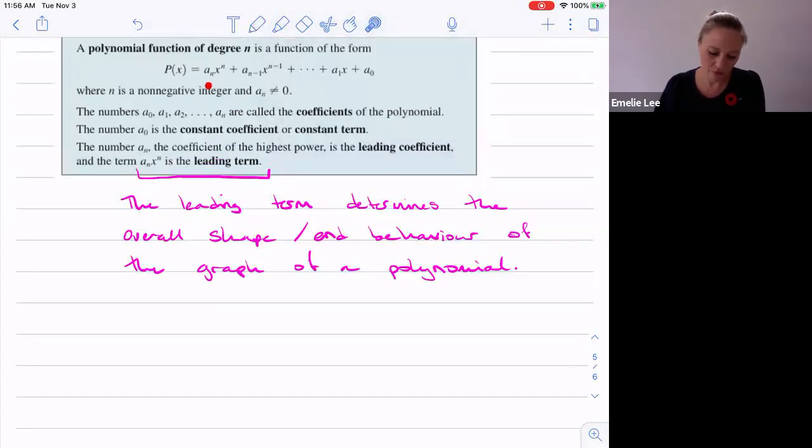Well, depending on, so here's our leading term, a subscript n x to the power of n.